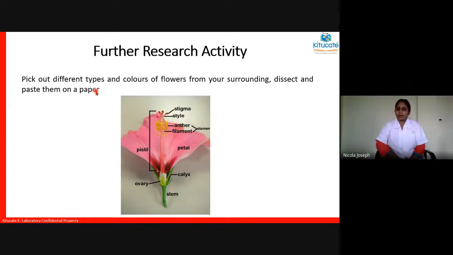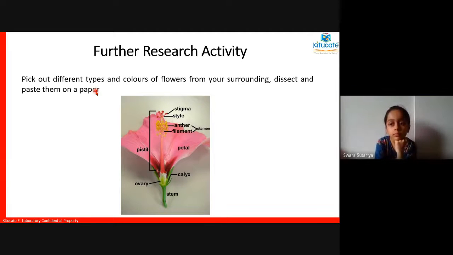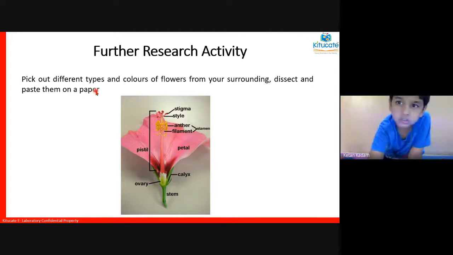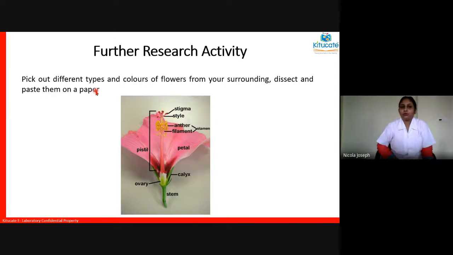Do all the flowers look the same? No. So what you all will do? You all will pick some flowers, whatever flower you all get. You all will stick the different parts of the flower and label their parts.